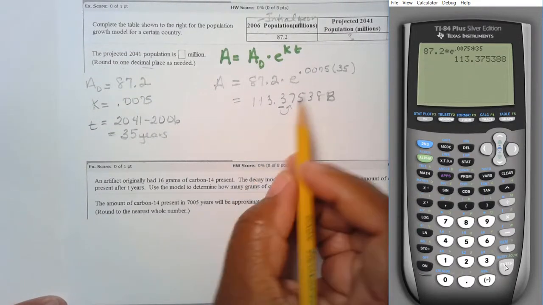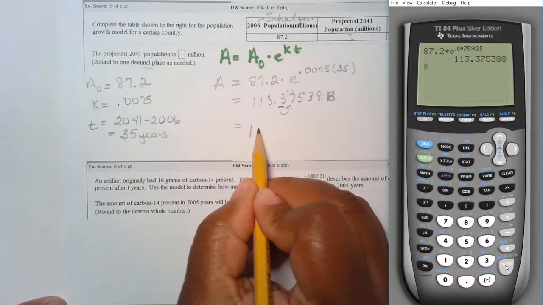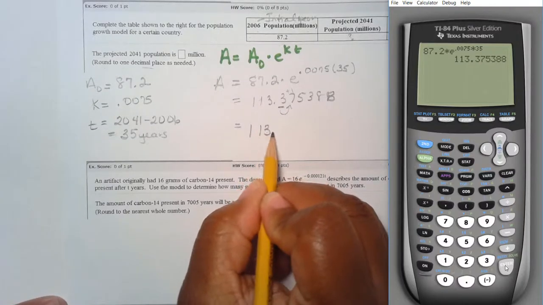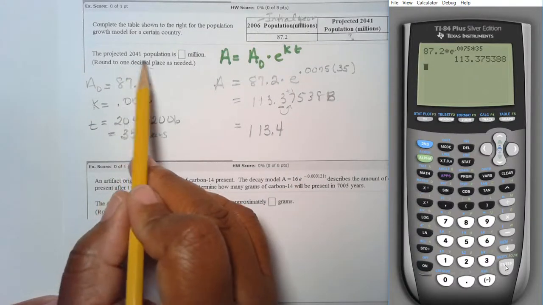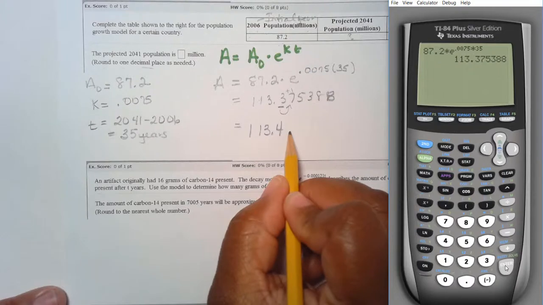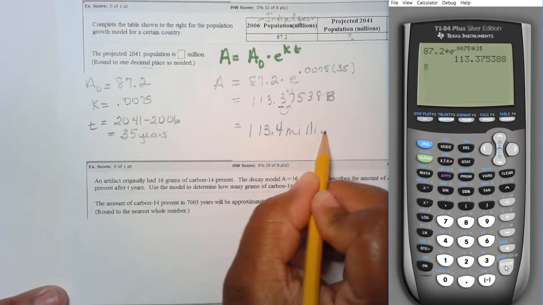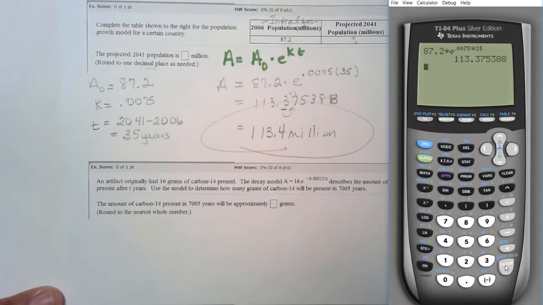And since the digit to the right is greater than 5, we're going to add 1 to the 3, and we have here 113.4. So the projected 2041 population is 113.4 million. That is our solution.